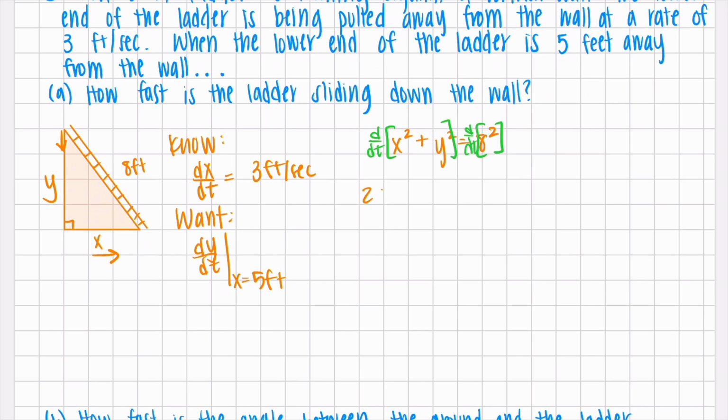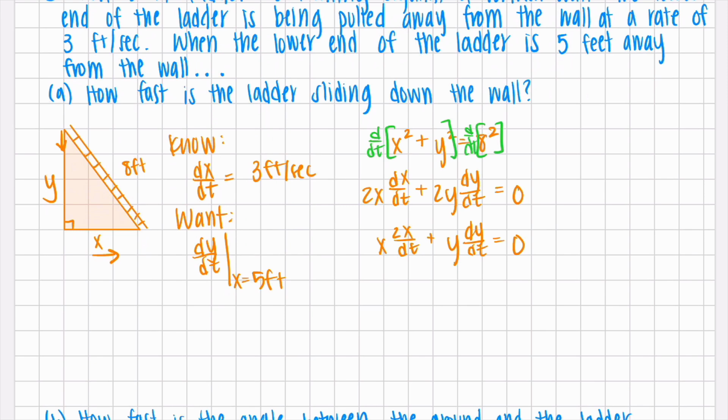But this derivative is going to be 2x dx/dt plus 2y dy/dt. 8 squared on the right side is a constant, so the derivative of that is 0. To make this equation a little bit simpler, I'm going to divide by 2. And I still have 0 on the right side of the equation.